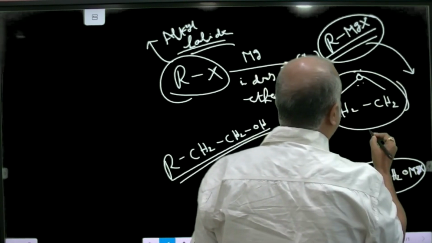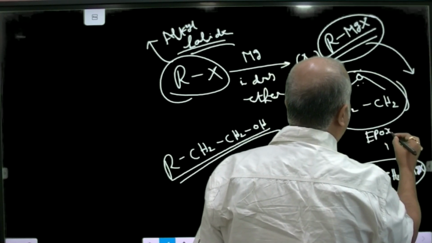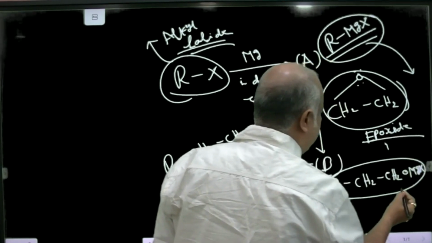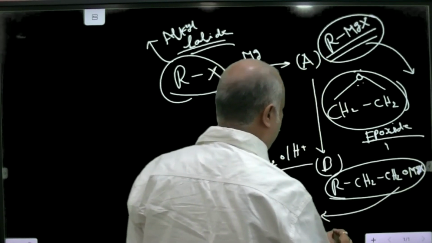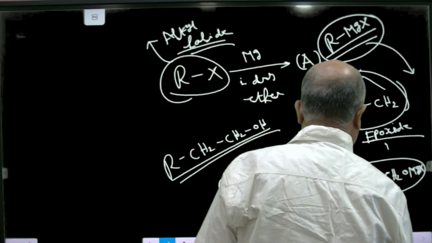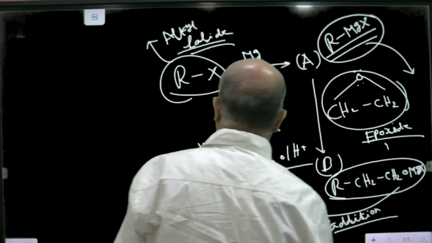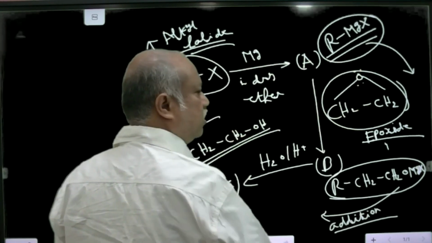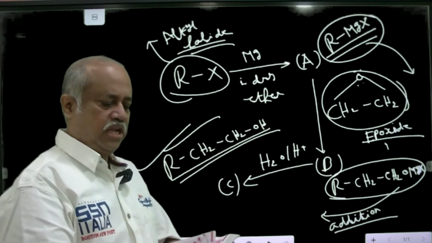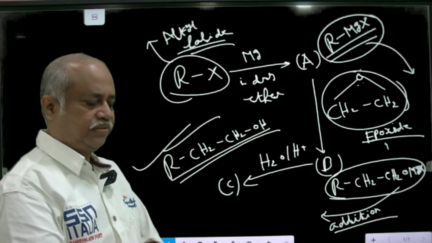Then this is epoxide. Then addition compound. Then primary alcohol. Okay. Next, I will start another example.